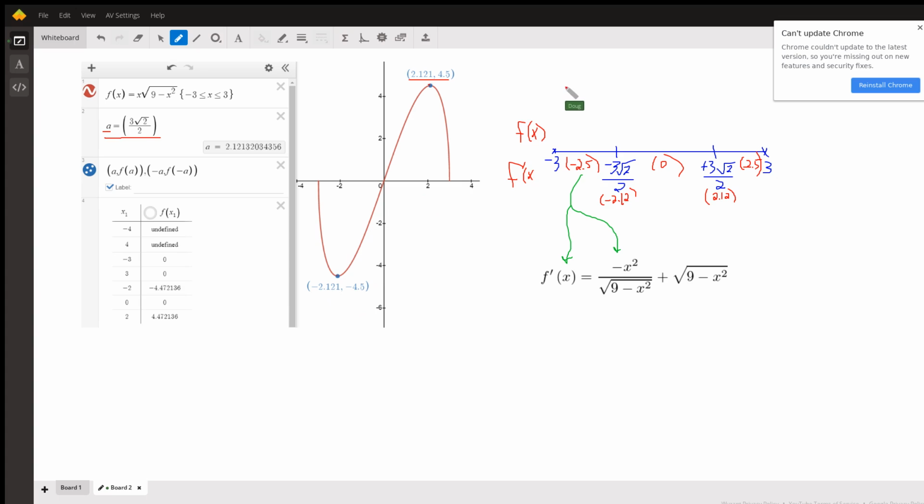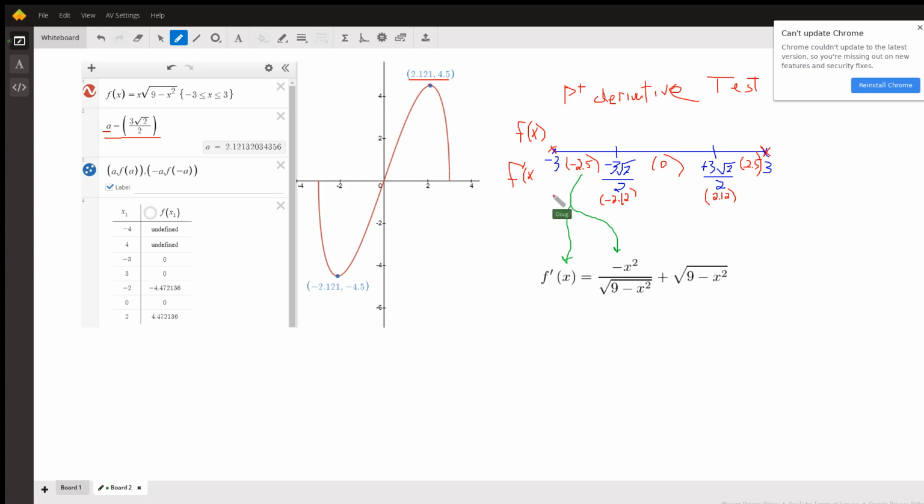Over here, this is actually the first derivative test. So we put all the critical numbers on a number line. I have little x's here for the -3 and 3 to show that they're not really in the domain of the derivative.